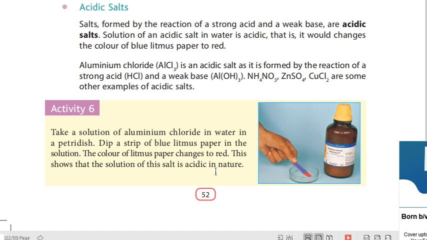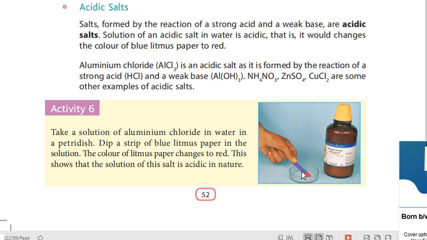Now, again, one activity: how can we say that the given salt is acidic in nature? For this also, I will take a solution of the given salt, like aluminum chloride, in water. Aluminum chloride is available in solid form in the school laboratory. We'll take some sample and dissolve it in water. What will we find?